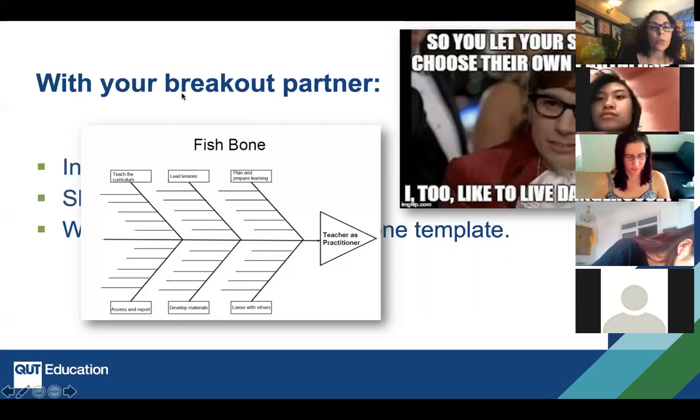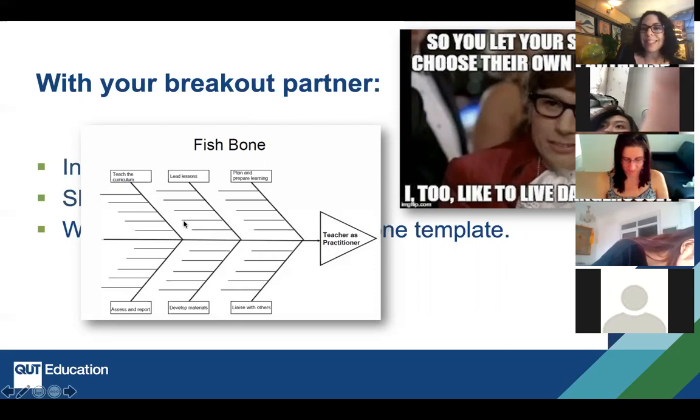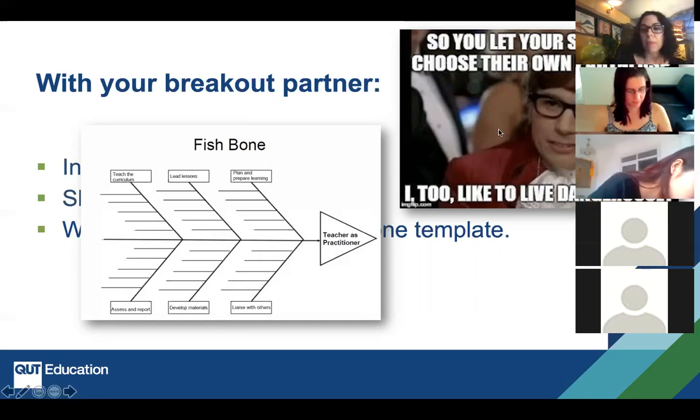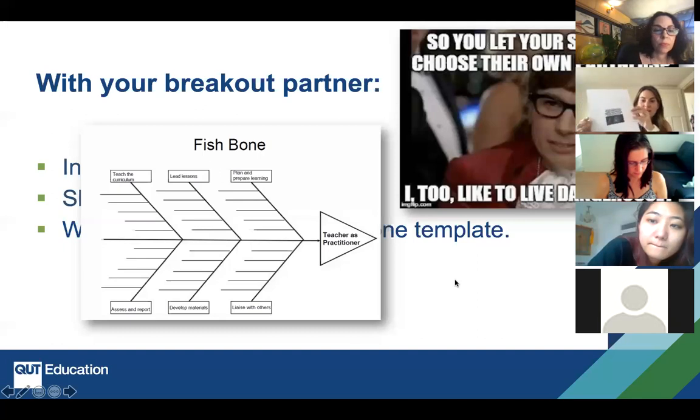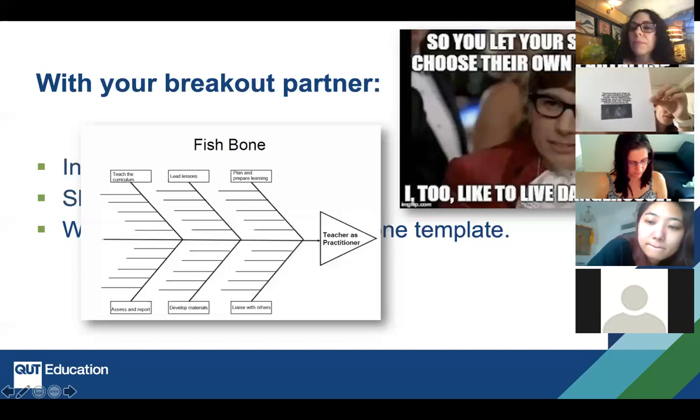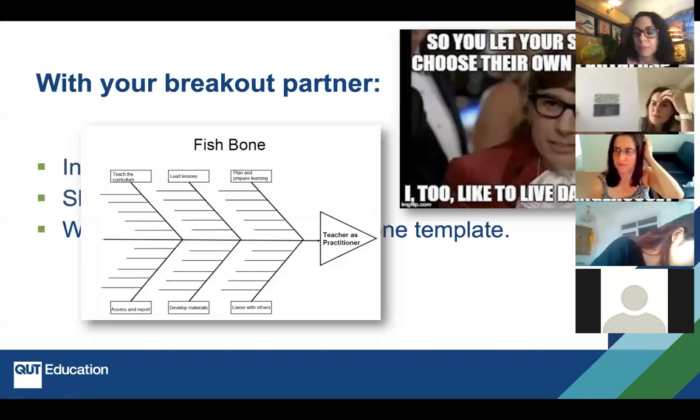So hopefully you would have had the opportunity to see where your meme sat in that fishbone. So what category did you place your meme in? You can type it in the chat box, or you can unmute your mic. I'll go. I'm not sure if you can see or if that's very clear, but I popped that one under liaising with others primarily.